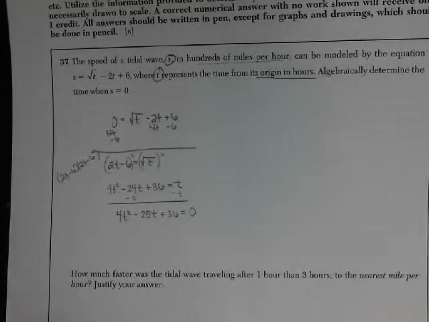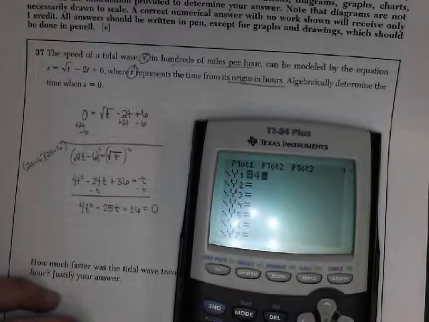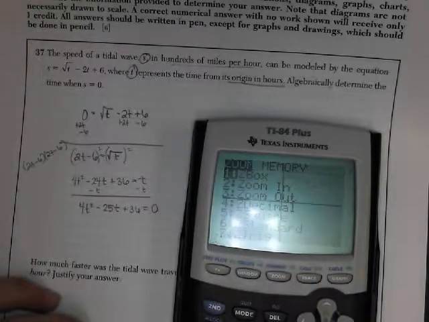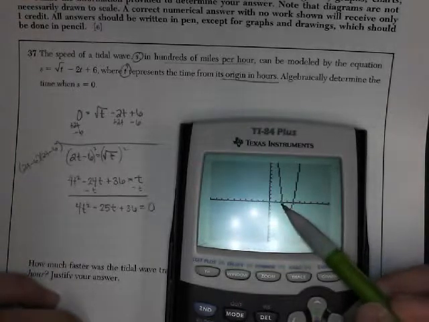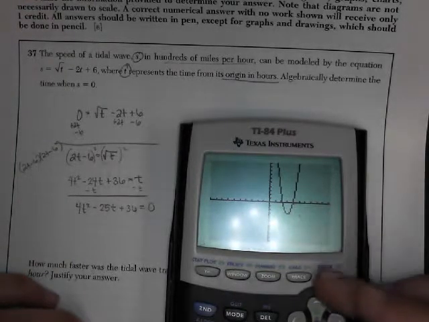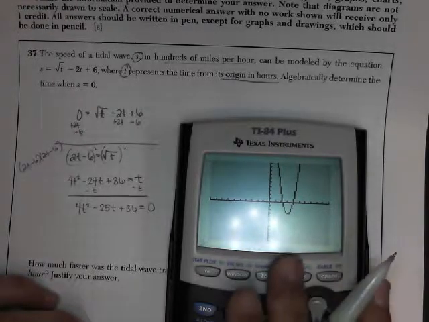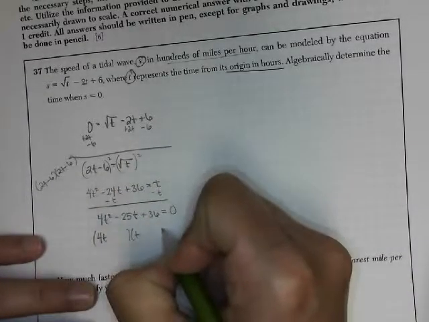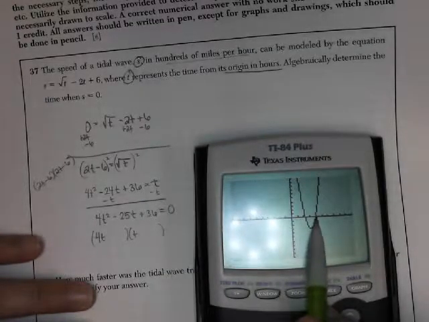So if I want to cheat a little bit, because that's a tougher one to factor, I can type this in and see where it equals 0, and it looks like at 2 and 4-ish. So I might try 4t and t, and since it crossed at 1, 2, 3, 4, I might try a factor of t minus 4.